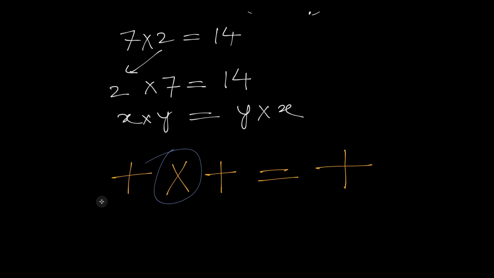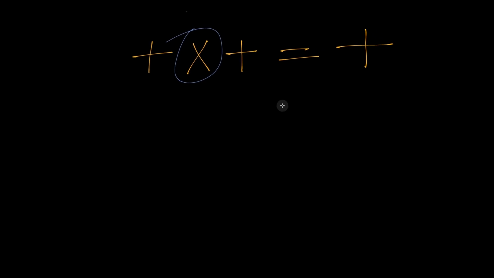Now we'll take the same example but with negative sign. Can I say 7, which is positive number, with minus 2? What I'm going to do is I am actually multiplying these two numbers.